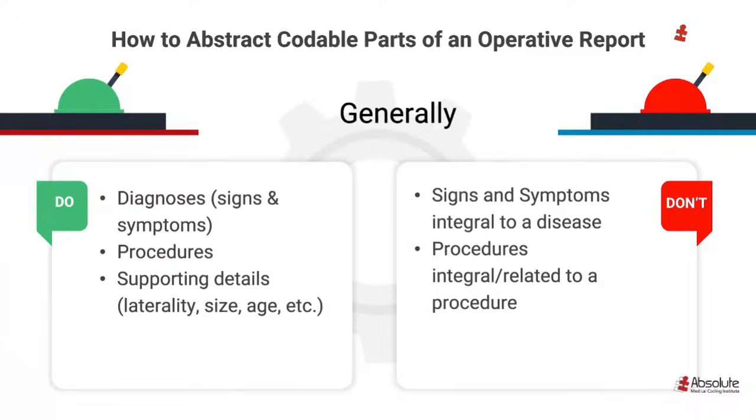So even if the doctor documents it in the operative report, if the doctor says, I'm carrying out a hysterectomy, you just need to code for that hysterectomy and not excision of a uterus. That is a procedure, right? Yeah. But it's integral to the hysterectomy.